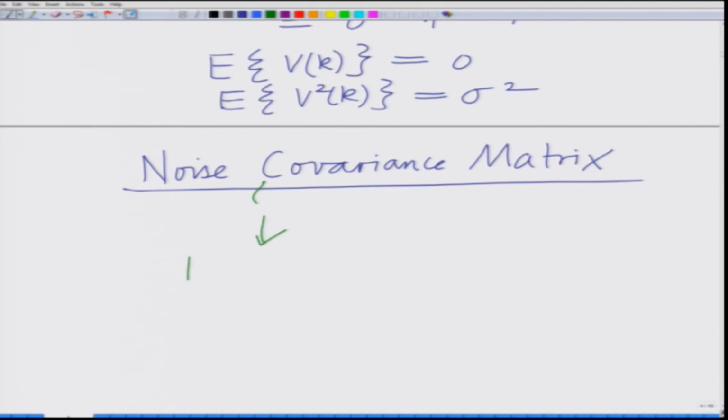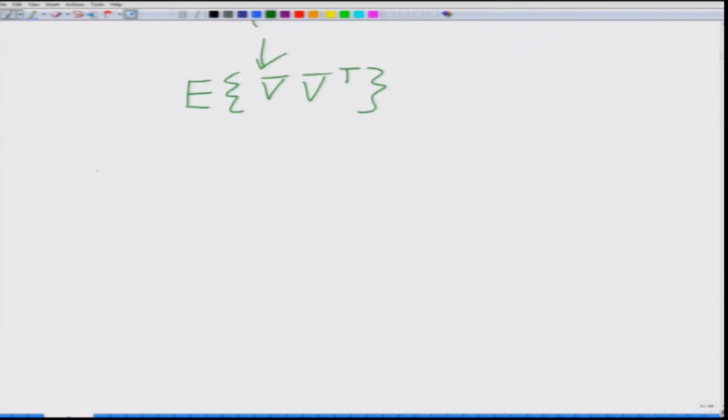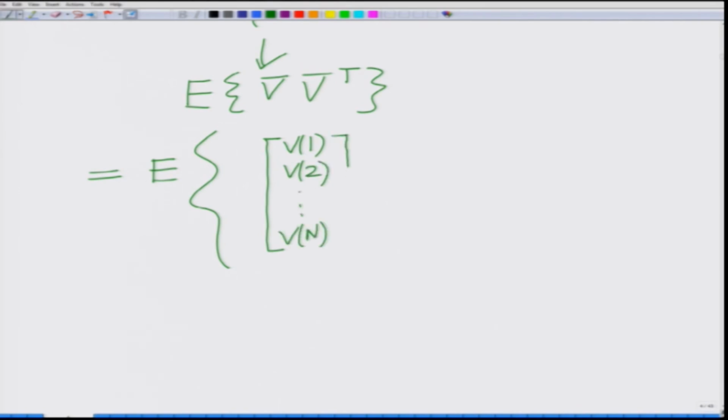This is simply the expected value of V bar V bar transpose, which is equal to the expected value of V bar, your vector V1, V2, ..., Vn, times the vector V bar transpose, which is the column vector transposed, a row vector, V1 to Vn.